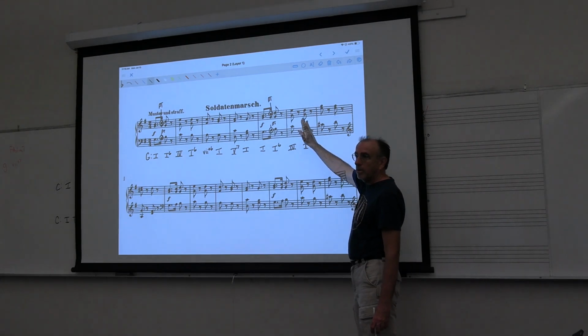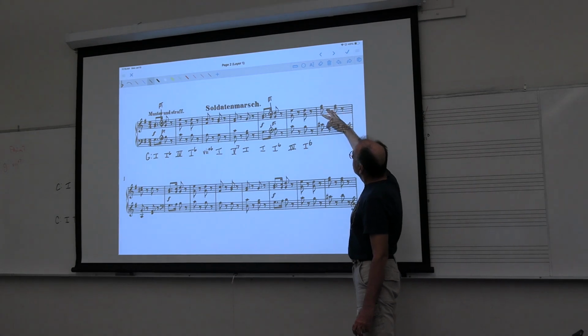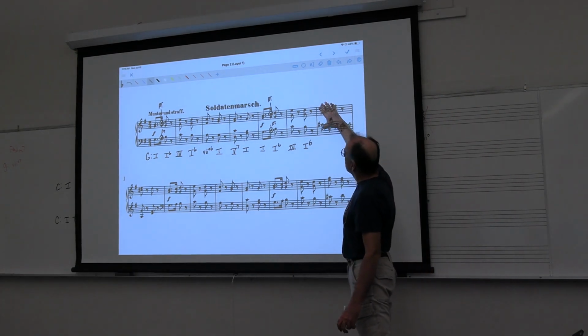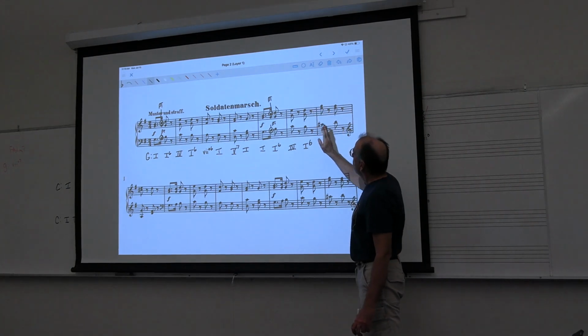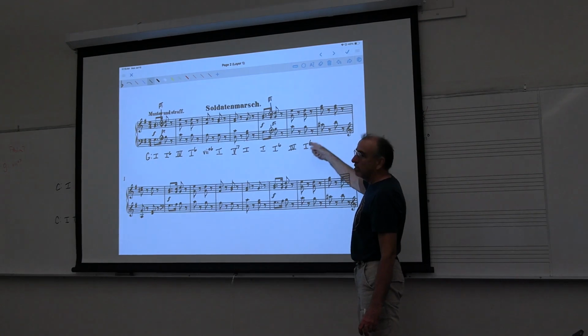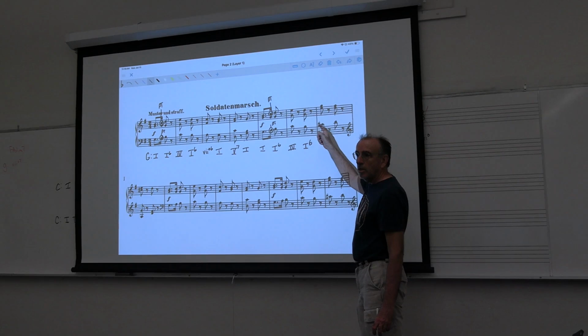So if we're going to D major, how would we interpret this chord in D major? 7, right? C sharp, E, G is a 7 diminished. So can we reinterpret this chord as something that would make sense in terms of a 7 in the new key?